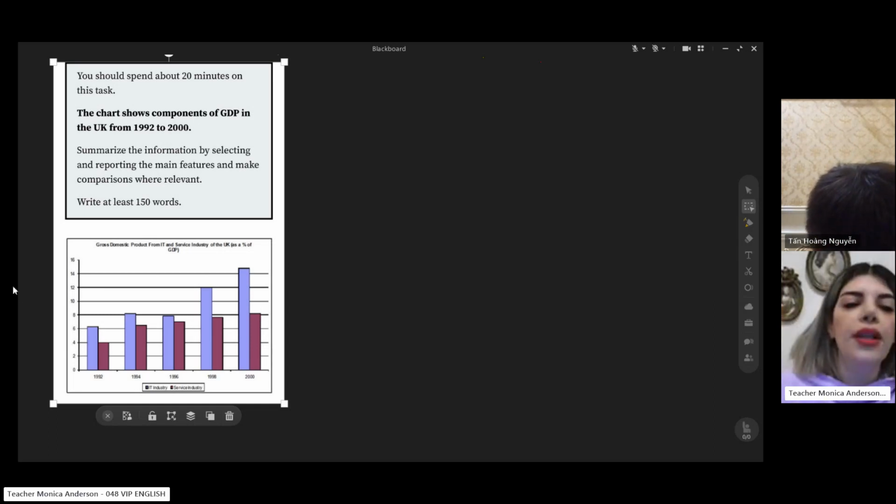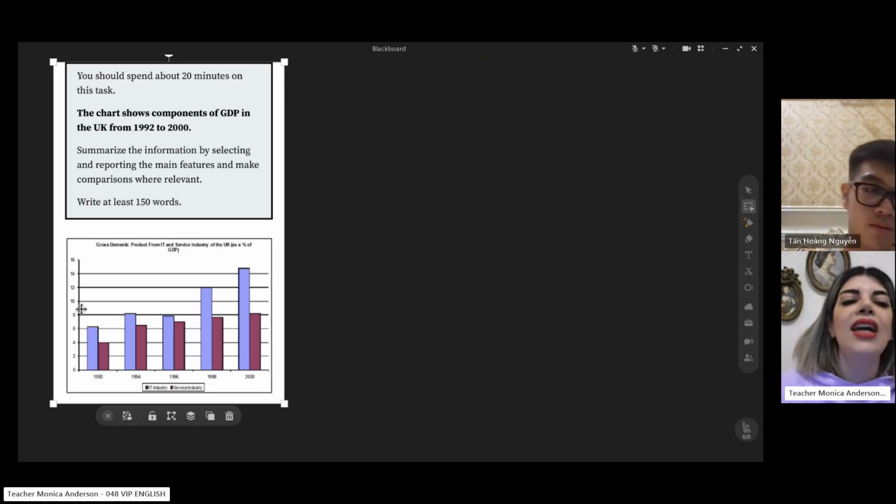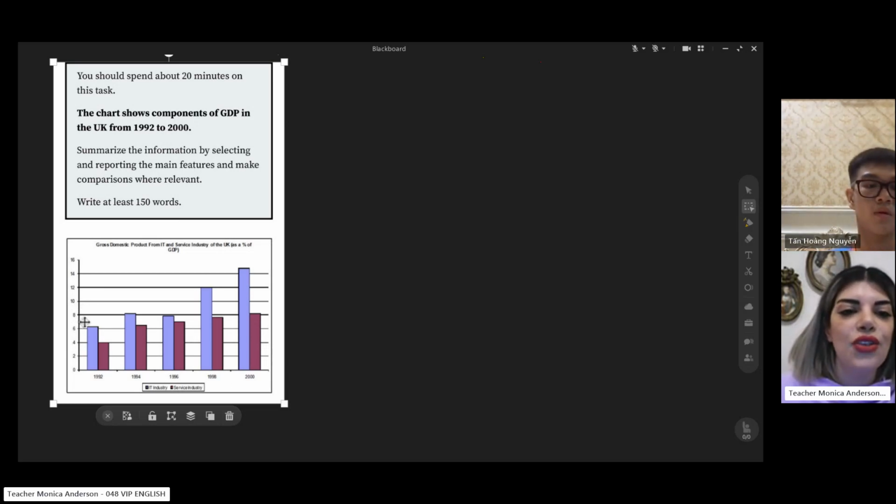First of all, anytime you need to start from the beginning of the period. The beginning of the period is 1992. So in 1992, at the beginning of the period, the service industry accounted for, as you can see, 4% of GDP.